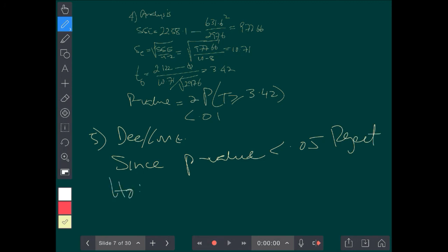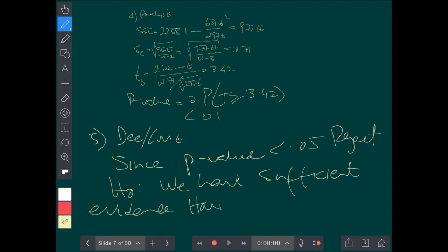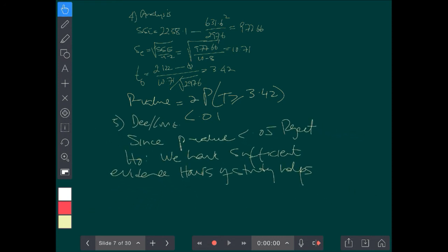We conclude we have sufficient evidence that hours of study helps to predict exam mark.